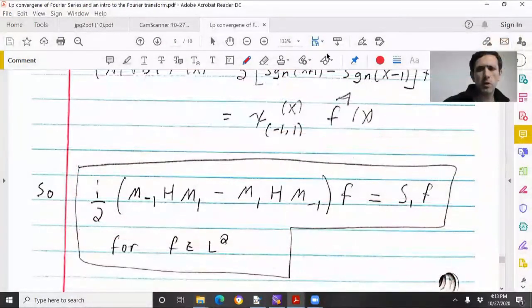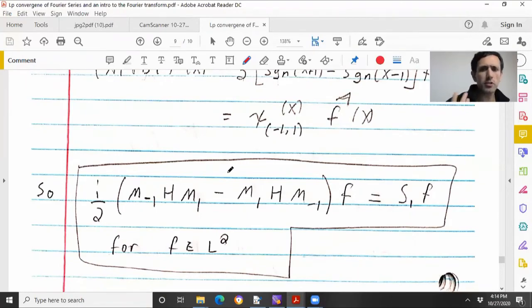Okay, so let's put all the pieces we've been talking about together. So we just proved that for f in L2, and in particular f in L2 intersect L^p, S1 f is given by this operator here, which connects the Hilbert transform to S1. Now that's great, but we really want and need this for f in L1 intersect L^p.